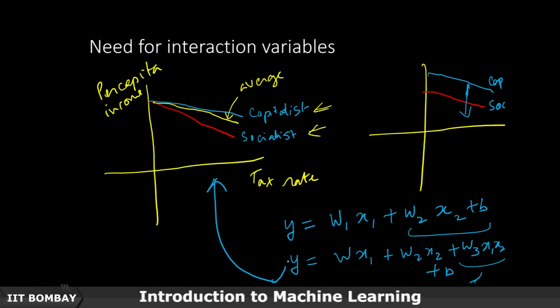Okay. So if I know that there is interaction between two different terms, what I mean by interaction is that their combination is important. It is not a single variable that can capture an effect by holding the other variable constant. Their interaction is important. Then I need an interaction term, which is usually a product of two different terms.